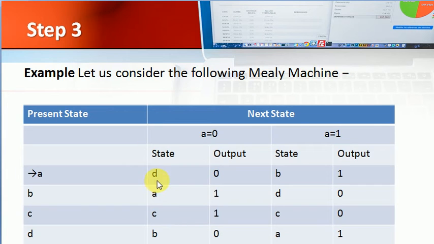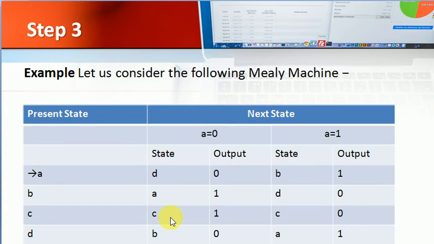Firstly, we will check the output related to the states. First, A. A gives the output 1 here and also 1 here, so we will do nothing with it. Now B. B is giving output 0 here and output 1 here, so we have to break it into two states.